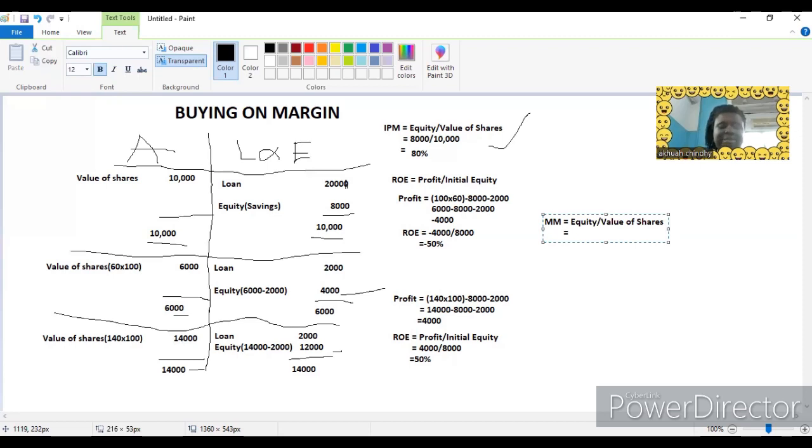So assets is the value of shares, which is the 100 shares times P, because P changes, as they want us to find the price at which we get the call. The value of the stock is dependent on the price. The number of shares we bought was 100. I don't know the price, so it will be 100P minus our liabilities, our loan at the moment, 2,000, divided by the value of shares, which is dependent on the price, 100P.